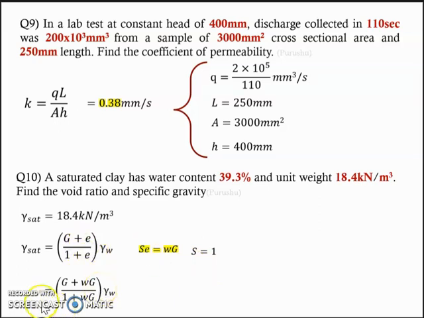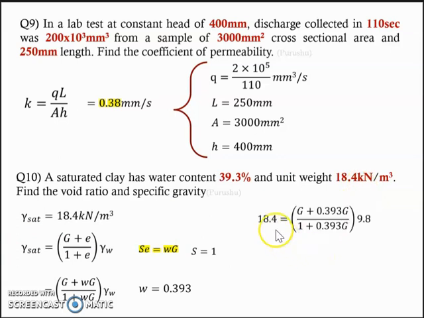So the expression turns out to be (G plus wG) by (1 plus wG) into gamma w, in which I have the value of w, the water content, 39.3 or 0.393 in decimals. Plus I have gamma saturated already given, 18.4 kilonewton per meter cube.